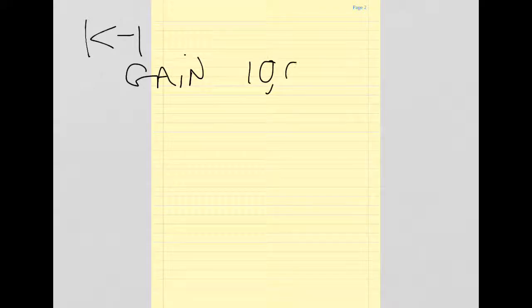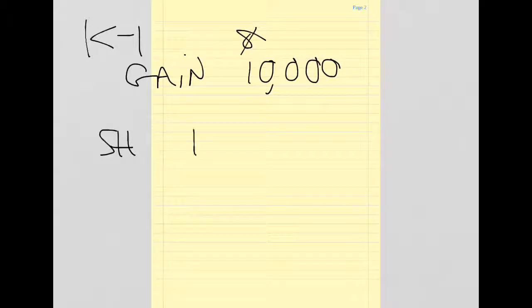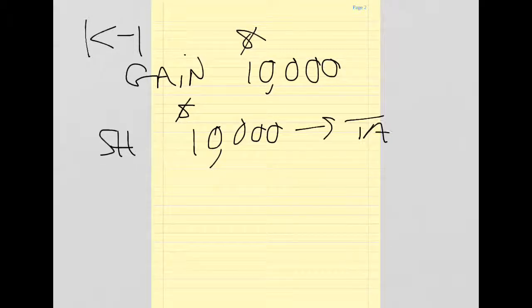So the K1 with the deemed sale shows the gain, and for purposes of illustration, let's just pretend it's a $10,000 gain, and the shareholder will put it on their tax return where it belongs and pay the tax. That's part of the rule. They will pay a tax. It's a deemed sale, that's what the tax law says, and they will pay.